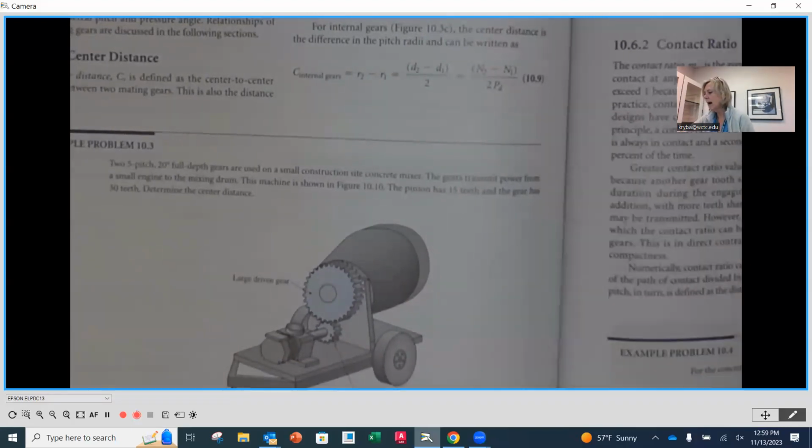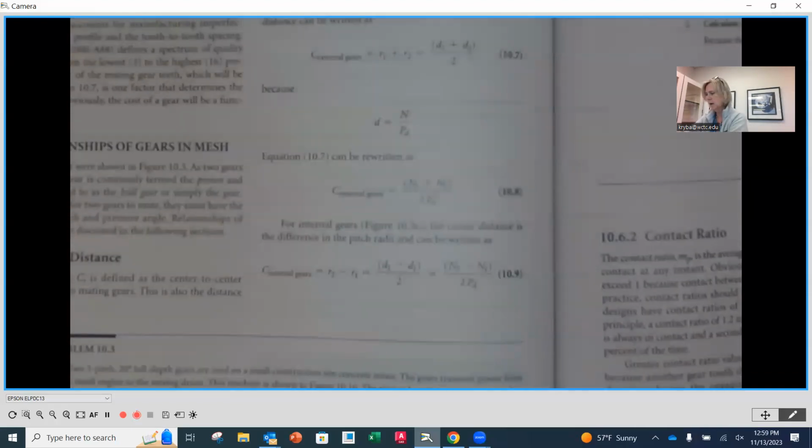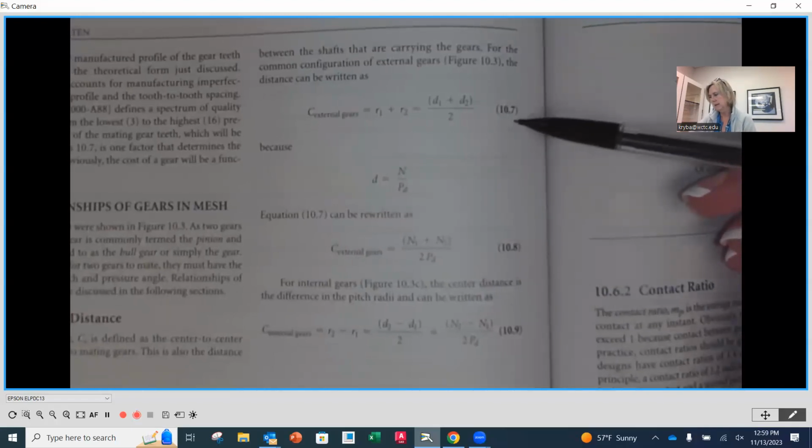Okay, so on page 268, you're going to notice that we have a couple equations here. We've got equation 10.7 and we have equation 10.8. 10.7 is determining the center distance based on what we had just talked about, whether knowing the pitch diameters or the radiuses.